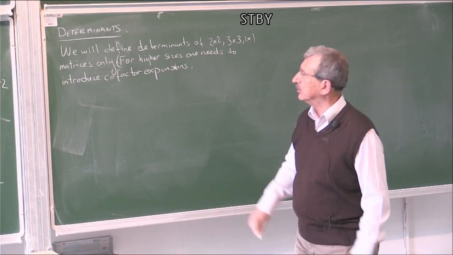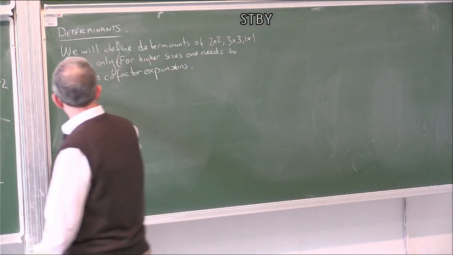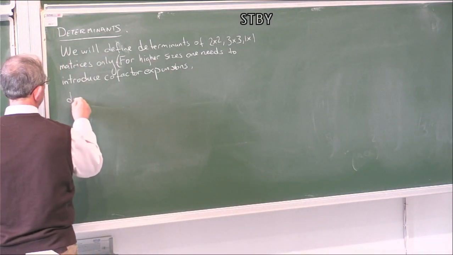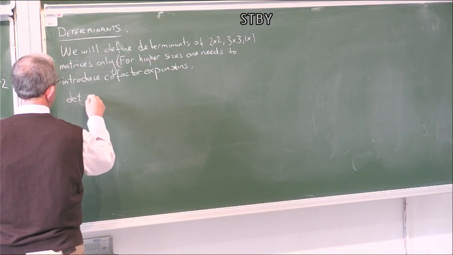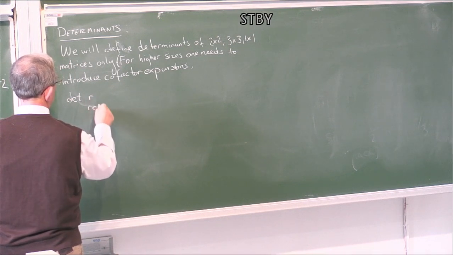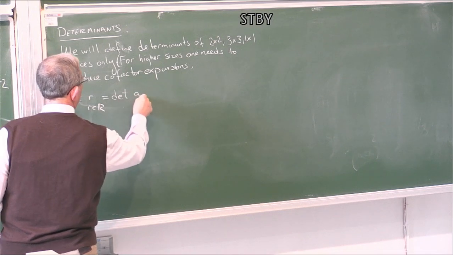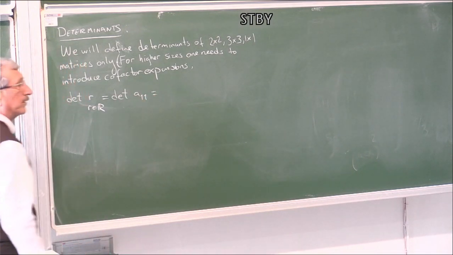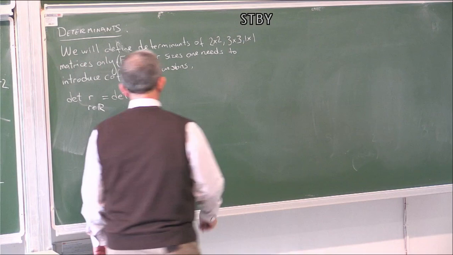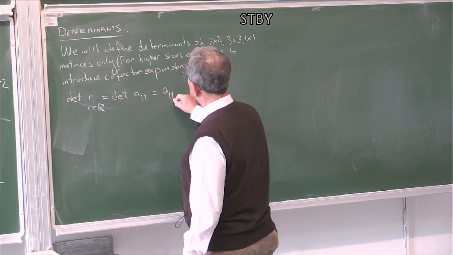So what's the definition? Well, the determinant of a number, or if you want, determinant of a 1 by 1 matrix, will be simply the number itself.